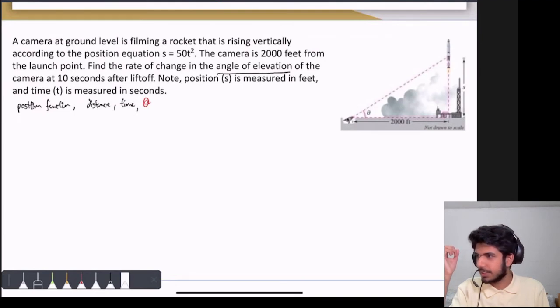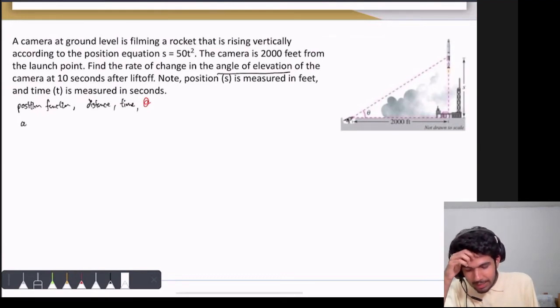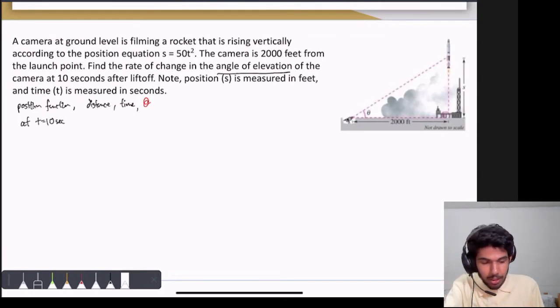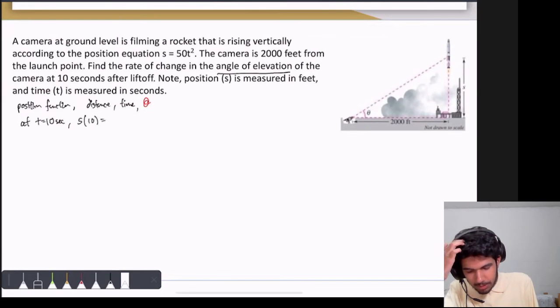Okay, so what is going on here? Well, we're curious, what is the angle of elevation at 10 seconds? So at t equals 10 seconds, what is the position of the rocket? Well, s of 10 equals 50 times 10 squared.